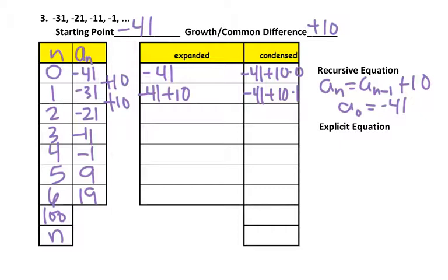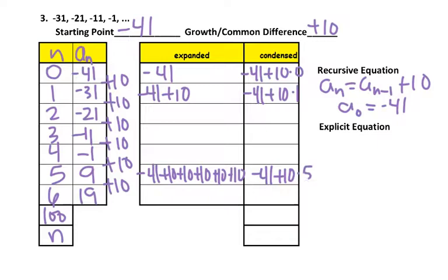We can think about it visually like this, too. Okay? Like if I'm going to this fifth term, right? I started at negative 41 and added 1, 2, 3, 4, 5. Okay? Or writing it out this way, negative 41 plus 10, 5 times. Or negative 41 plus 10 times 5.